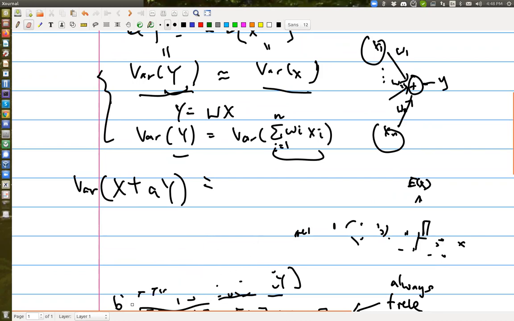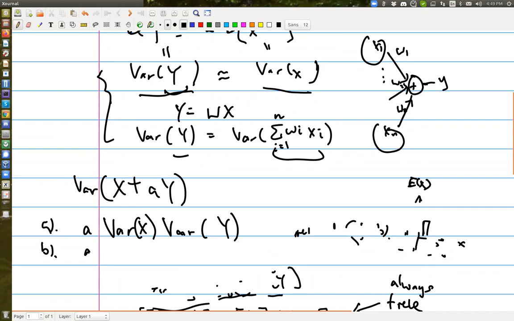So I have the variance of ax plus ay. It will be equal to, let's say, choice A: variance of x, variance of ay, or maybe write it like axy.